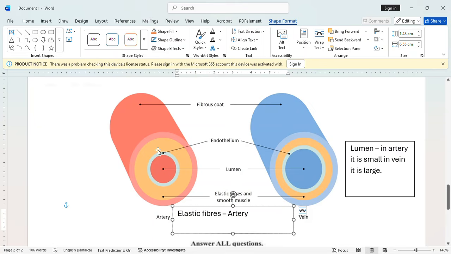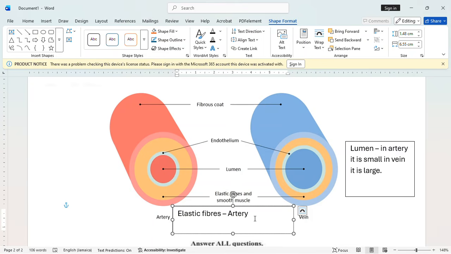Compare them. Note this orange area right here. So what would you say about the elastic fibers in the artery versus that in the vein? We're talking about how they look.